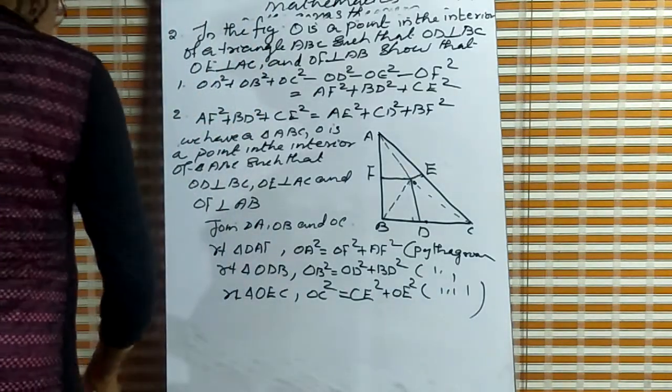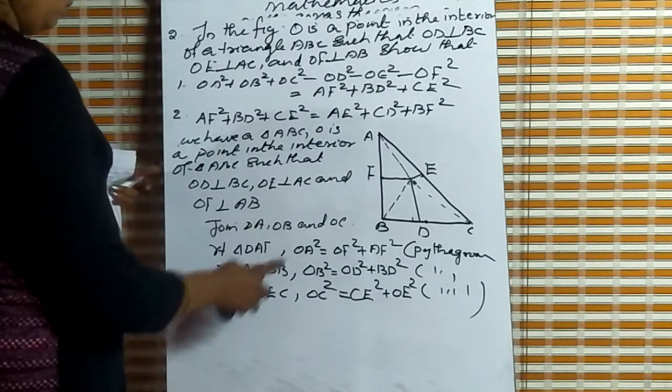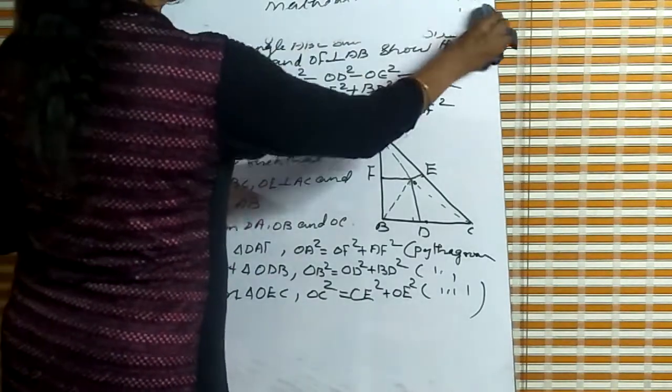Then adding these three, OA square plus OB square plus OC square.